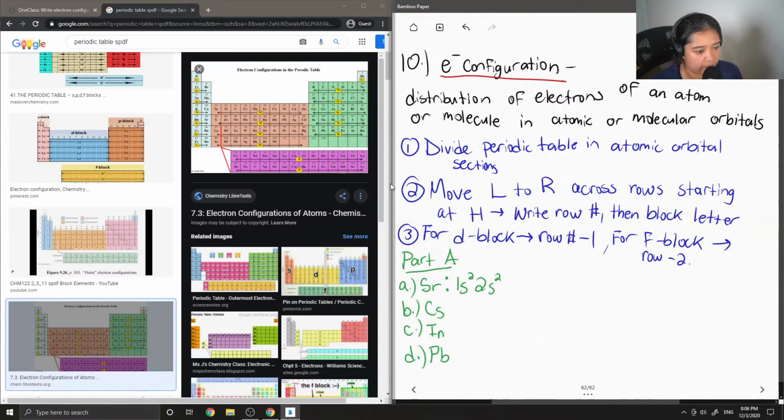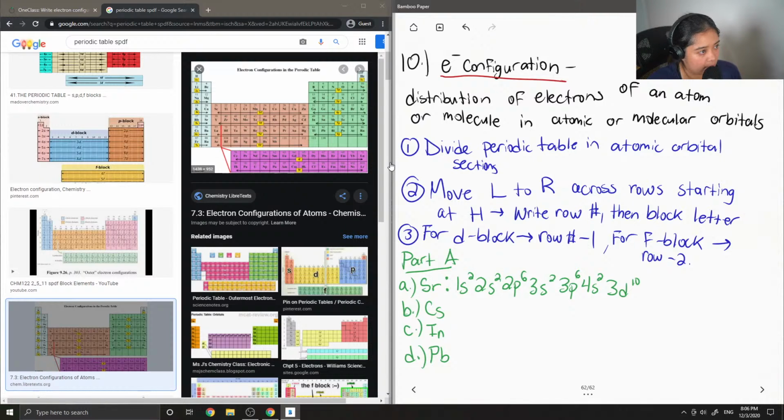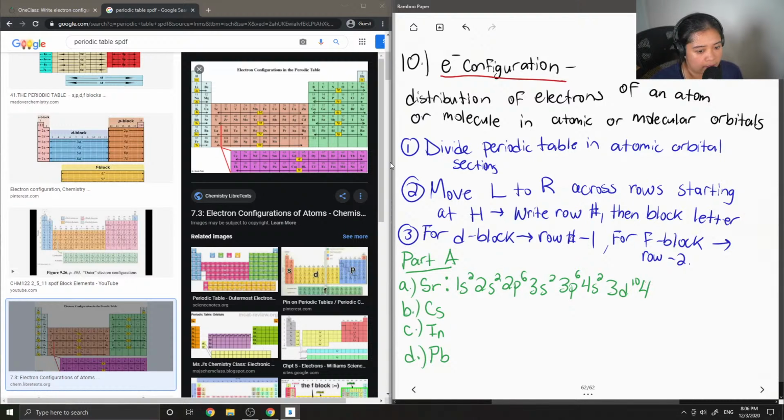And then hopping on over, 2p6, and then 3s2, 3p6, 4s2, and then 3d10. You can see 1, 2, 3, 4, 5, 6, 7, 8, 9, 10. And then 4p6. And lastly, 5s2 gives us the electron configuration of the neutral atom of strontium.